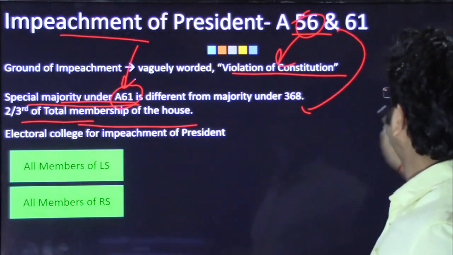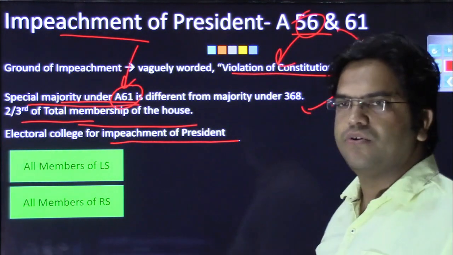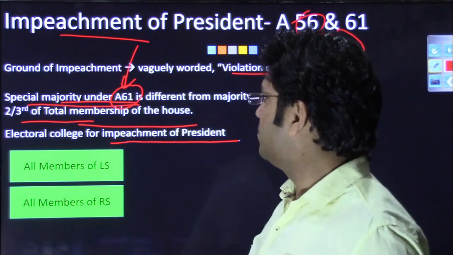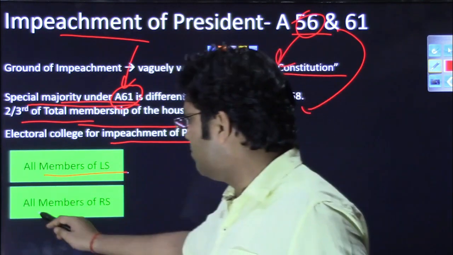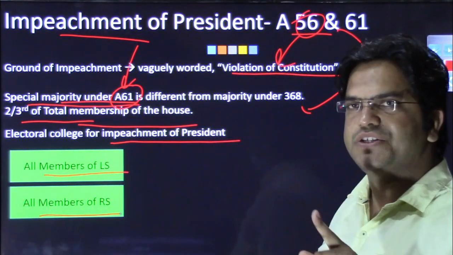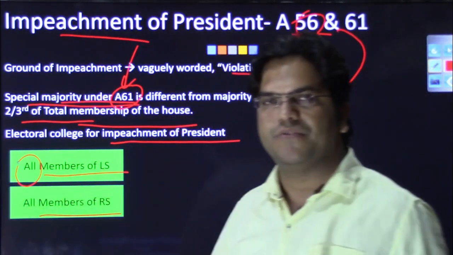If you see the electoral college for the impeachment of the president, only these people will participate in the impeachment: all members of Lok Sabha and all members of the Rajya Sabha. If you remember in the previous slide, for the election of the president, not all the members of the Lok Sabha were participating.